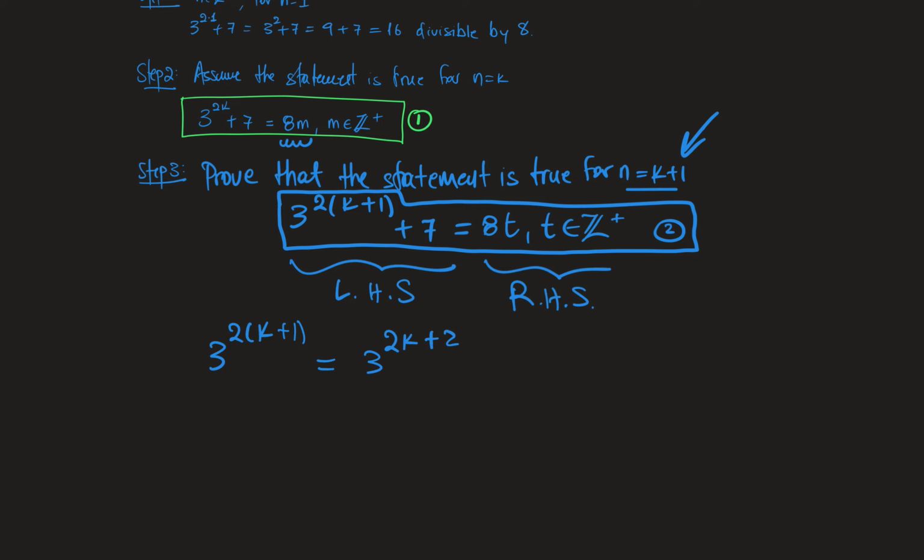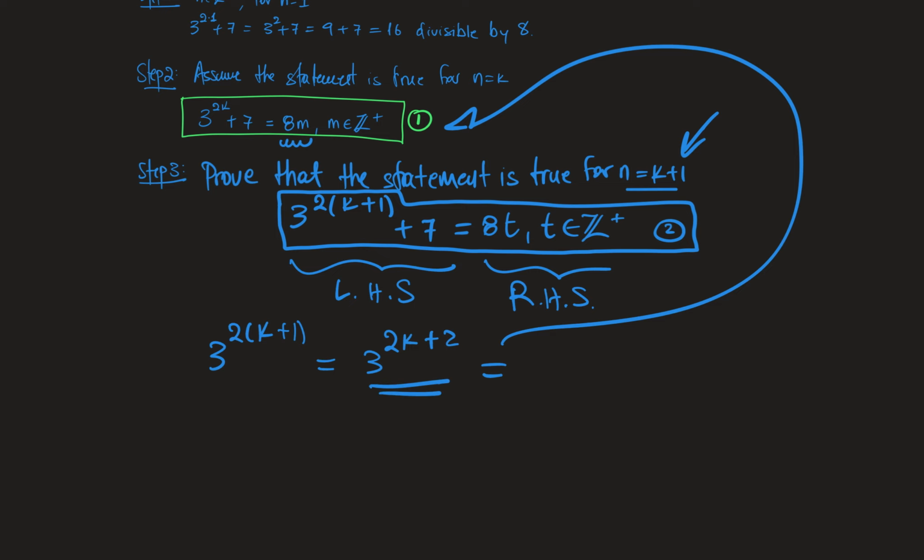And now this is the point where I'm looking up at relationship number 1 to see how I can break down the 3 to the power of 2k plus 2, and of course plus 7 that I forgot before, to make use that the 3 to the power of 2k plus 7 is divisible by 8.